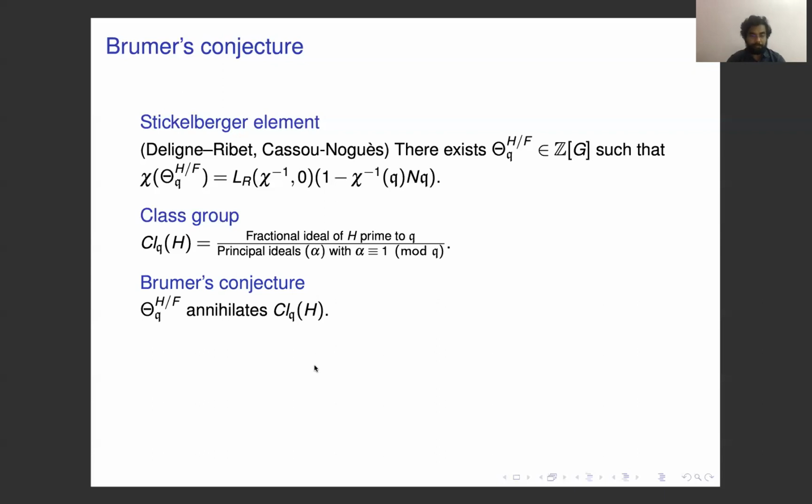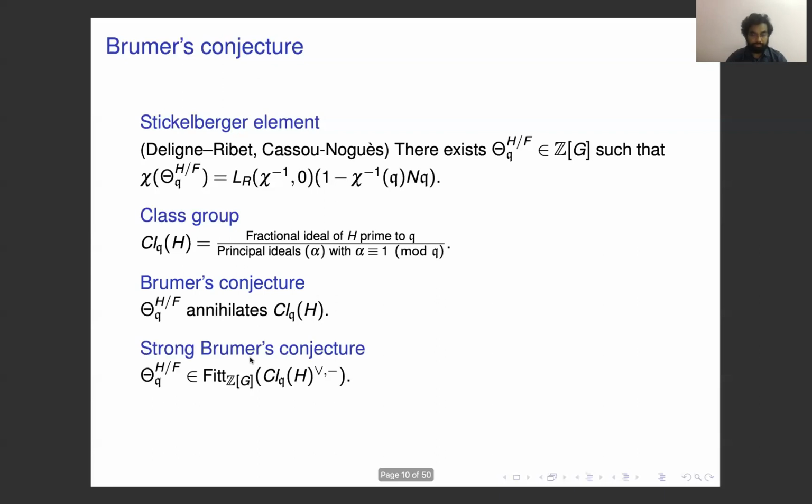Okay. So this is a generalization of the classical Stickelberger's theorem for cyclotomic fields, or abelian extensions of Q more generally. Okay, there's a stronger version of Brumer's conjecture, and it says that the Stickelberger element actually lives in the Fitting ideal of not quite the class group.